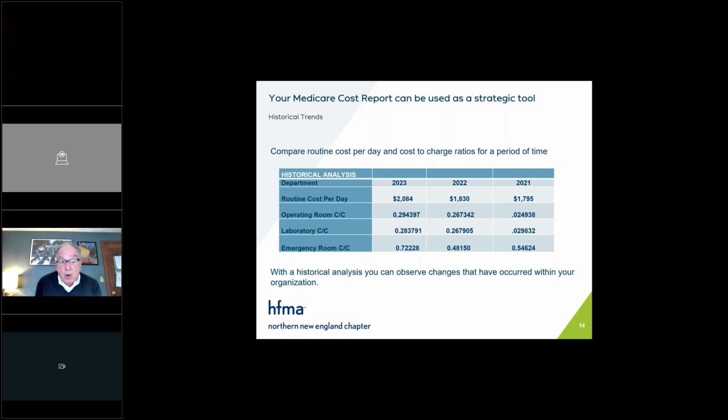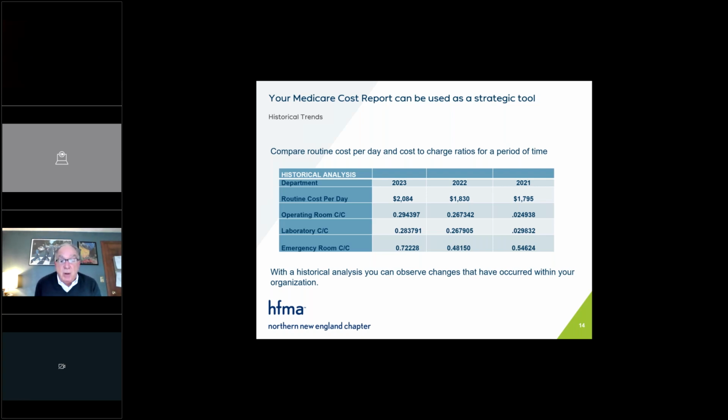In this case, the cost per day that you can develop directly from the cost report was $2,084 in 2023, and the cost per day in 2022 is $1,830. That's a pretty good healthy increase, and it's $1,795. So the cost per day is trending upward for routine.